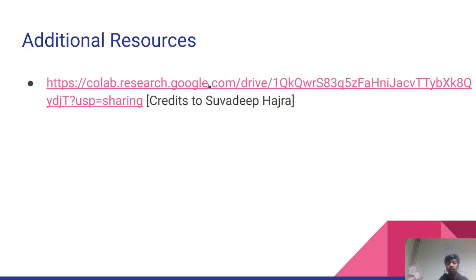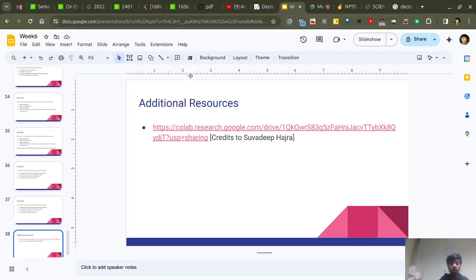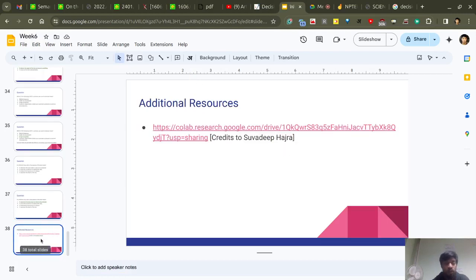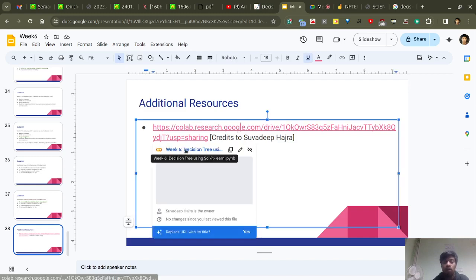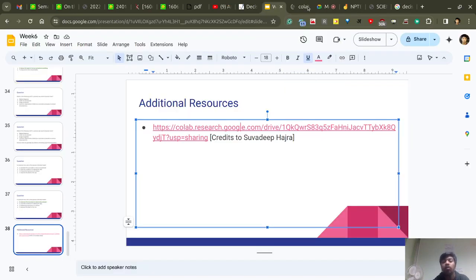Then, if you also want to learn the practical side of decision trees, there is a Colab notebook by Shubhadeep Hajra. You can check it out on Google Colab.